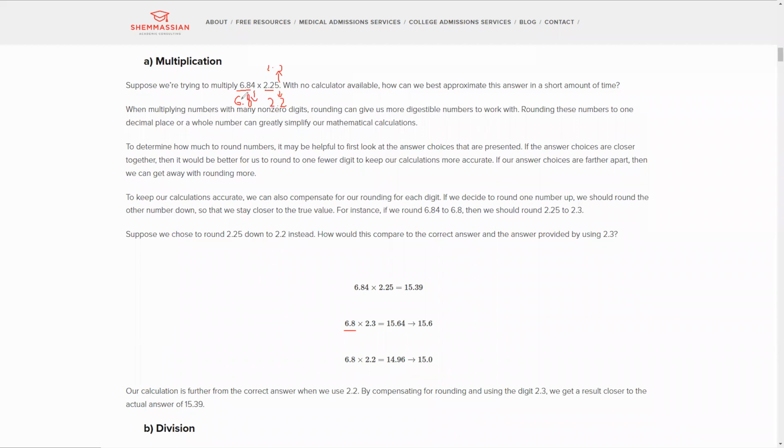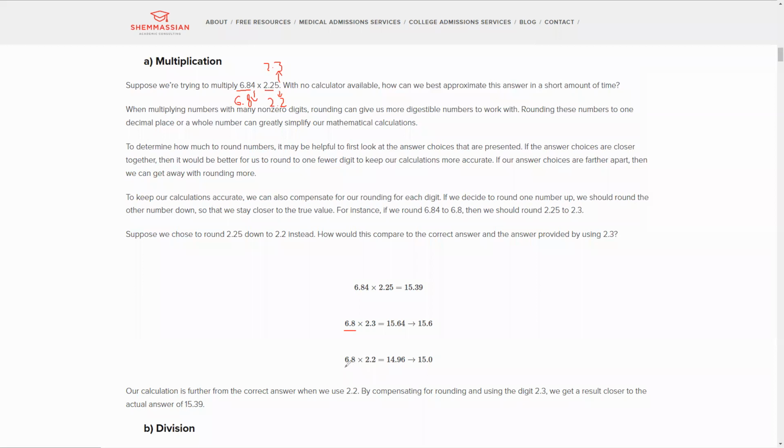This is an interesting question. If we rounded down already, should we round down a second time or should we round up? So let's think about it.